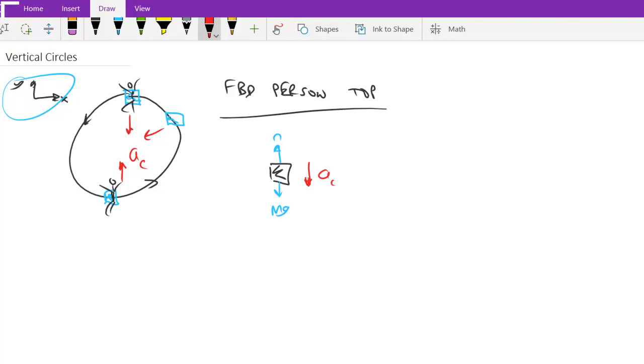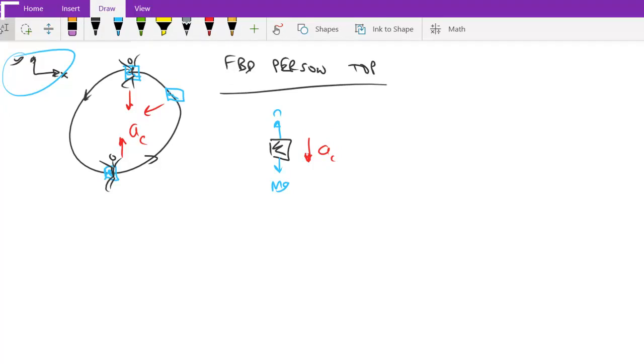Doing the summation of forces, the sum of forces in the y direction is mass times acceleration in the y direction, which is mass times negative a_c, since we have a downwards arrow for our centripetal acceleration.